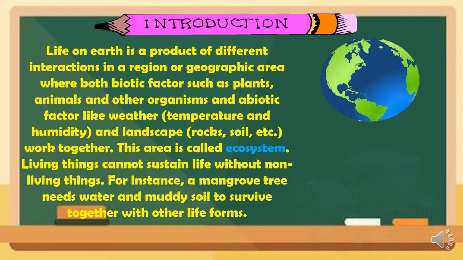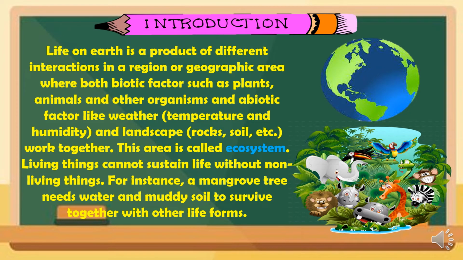This area is called an ecosystem. Living things cannot sustain life without non-living things. For instance, a mangrove tree needs water and muddy soil to survive together with other life forms.